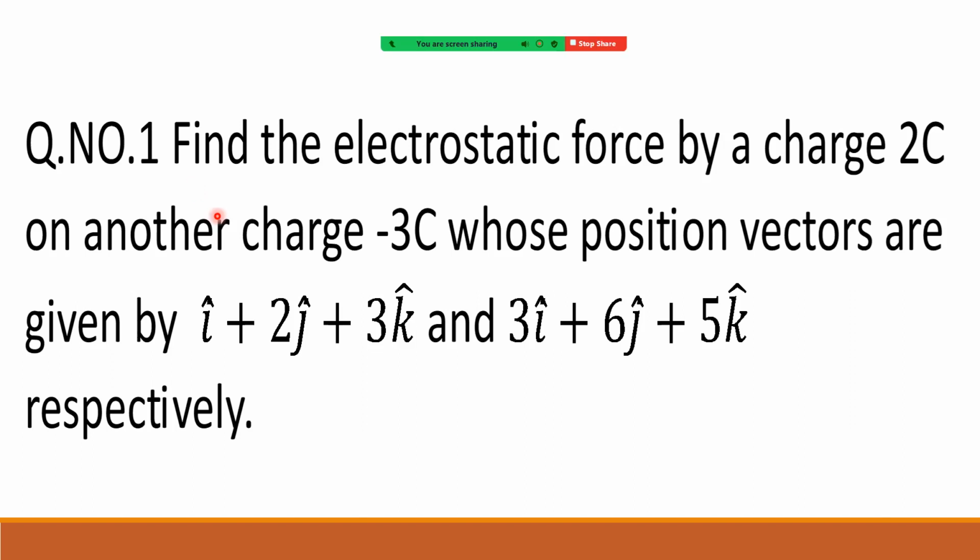So we are given two point charges and their position vectors, and asked for the force by the 2 Coulomb charge on the minus 3 Coulomb charge. See how we are solving it.